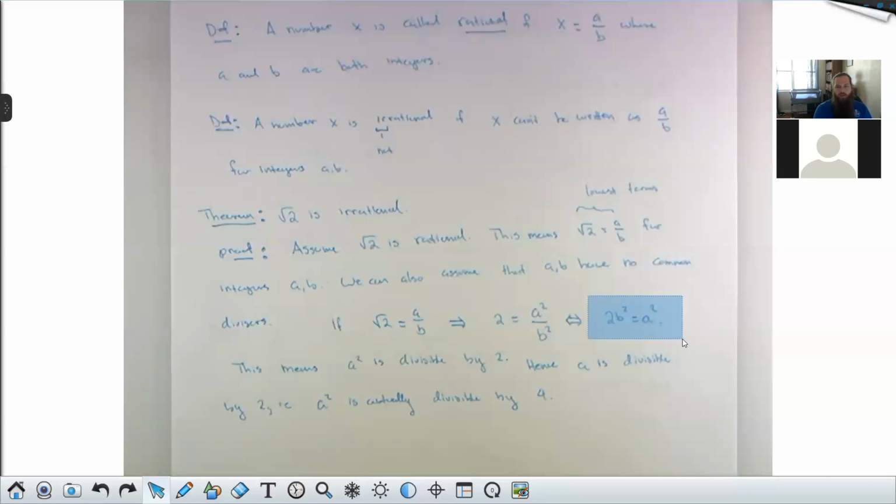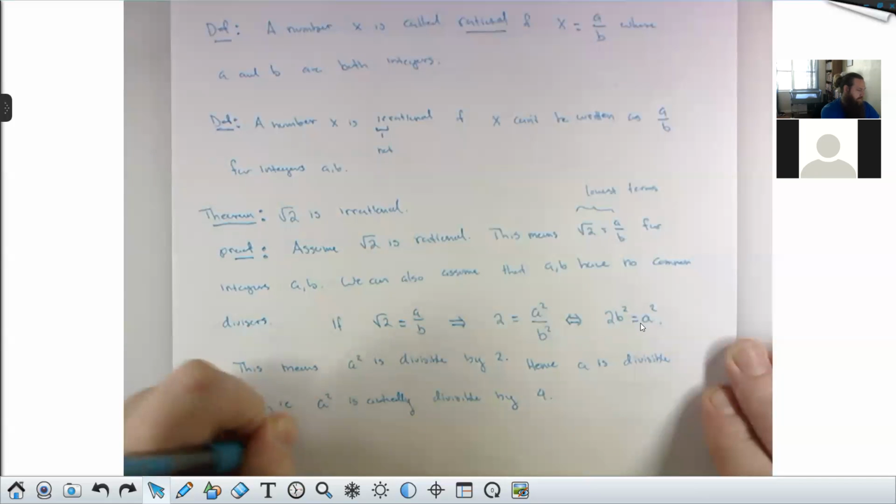And what this line says is that a squared is even. It's equal to 2 times something else. So that means a squared is actually equal to 4 times something else.